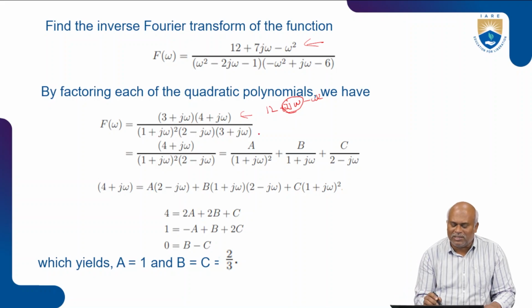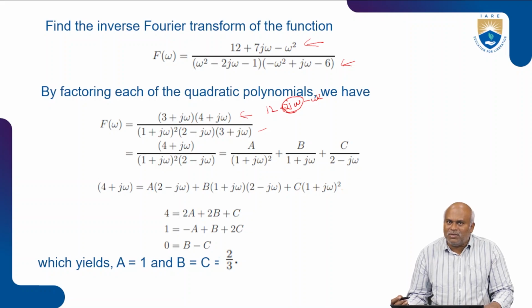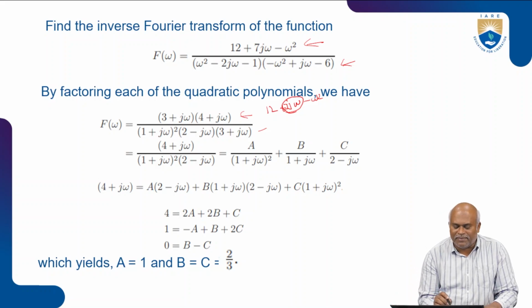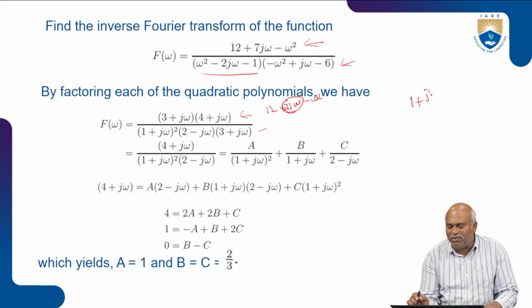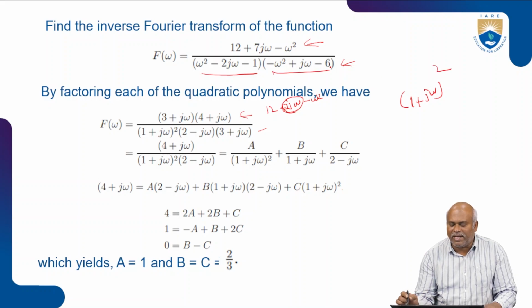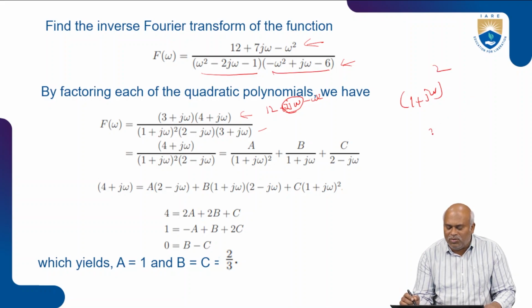Same as that, I should do for the denominator, that means factoring the quadratic polynomial. The first term I should write as (1 + j omega)^2. The other term I should write as (2 - j omega)(3 + j omega).